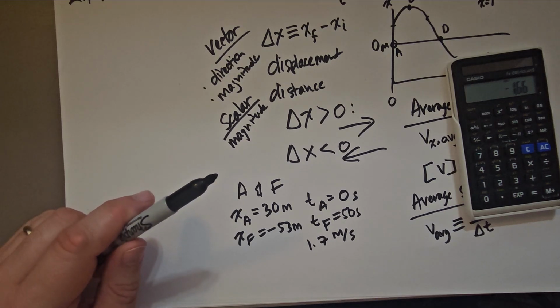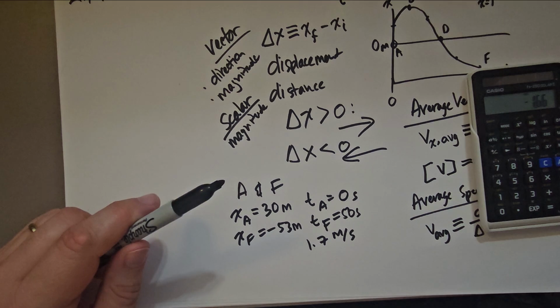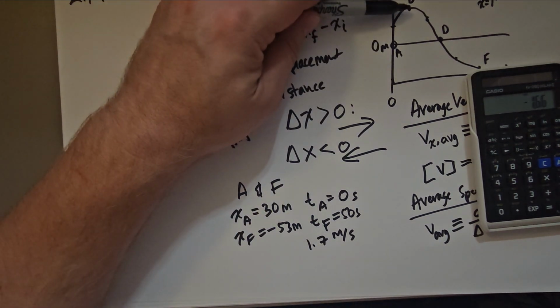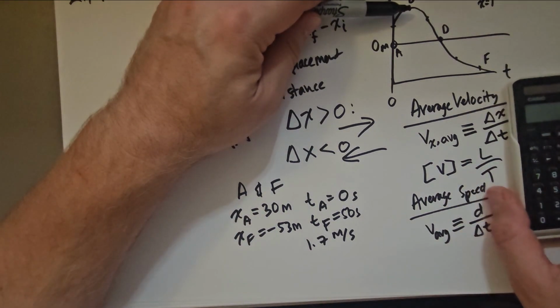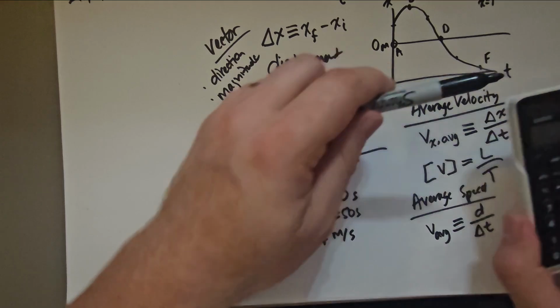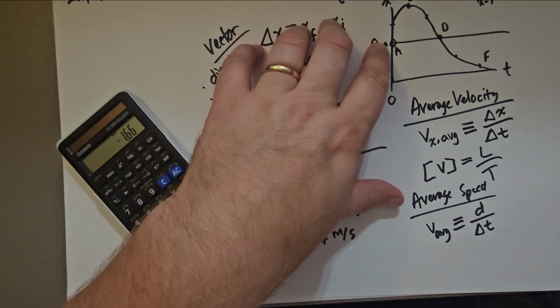Now the average speed of the car. So we start at 30, and we go 22 meters from A to B, up to 52 meters. Let me go up to the chart here.